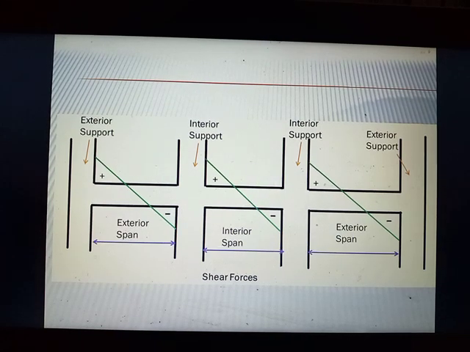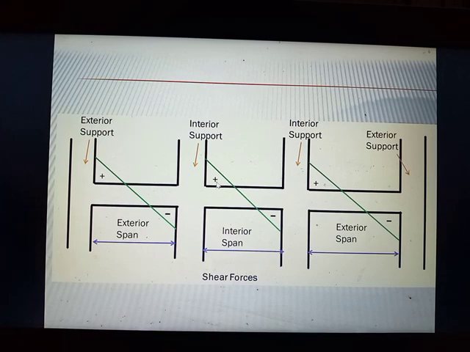So then, for shear forces, in this form of shear force diagram, this is positive, and those under the beam are negative.